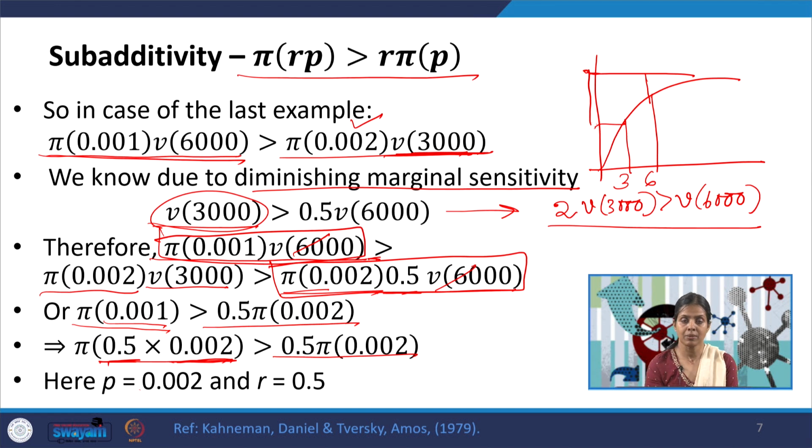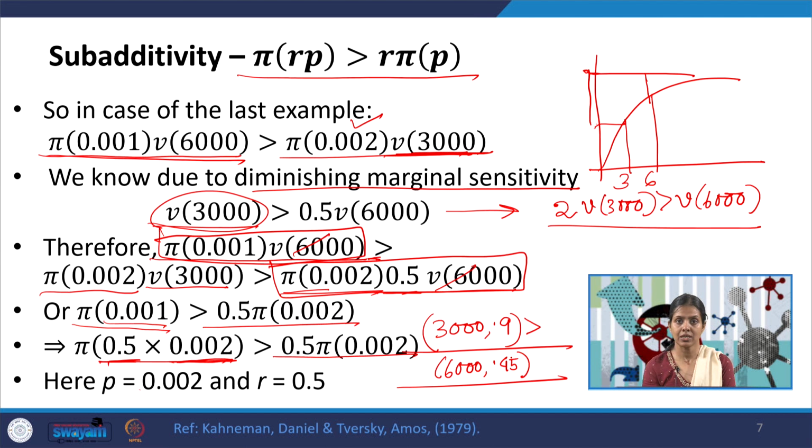With larger probabilities, for example, in the same context we previously showed that people preferred winning 3000 with a probability of 0.9 over winning 6000 with a probability of 0.5. If you try to prove sub-additivity in this context, you will not be able to, because the p values are not small, they are large.